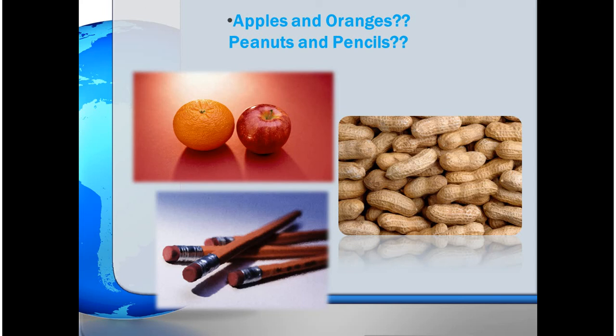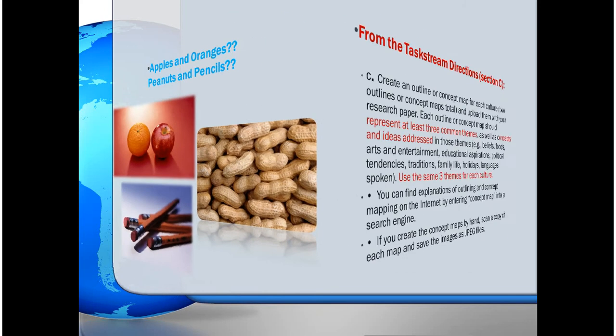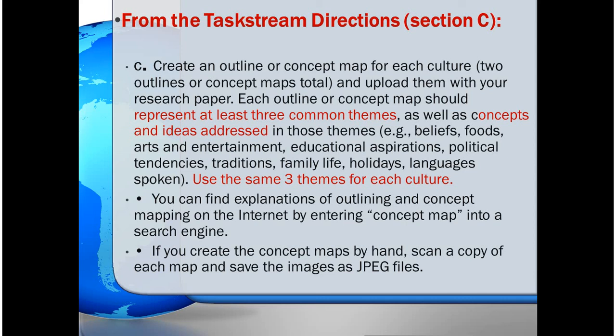Peanuts and pencils, we can even compare them. Most pencils are made of biodegradable materials, as are peanuts. We could talk about that. You can actually write with a peanut. It's kind of difficult, but you could actually write with a peanut. So as well as with a pencil. So you see, there are ways that we can compare these 2, even though we might think that we might not be able to.